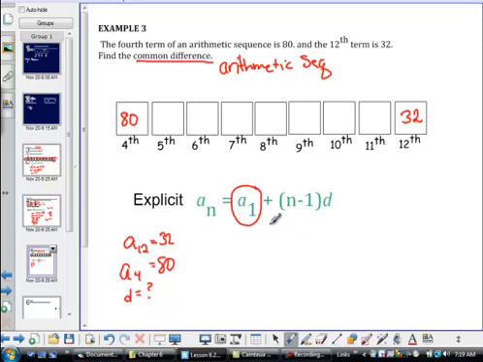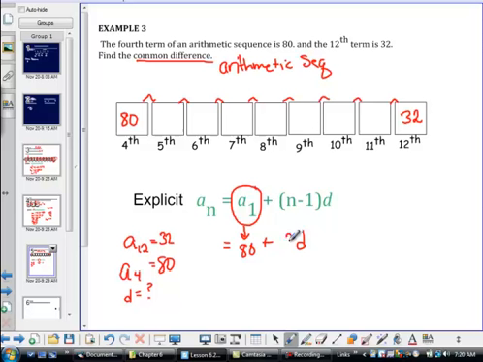But we do know this. If we make a sub 1 80, because in our mind, that's the first term we know. And we do know how many differences were added on to 80 to get me to 32. 1, 2, 3, 4, 5, 6, 7, 8.